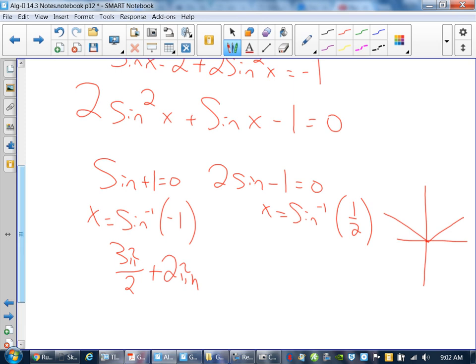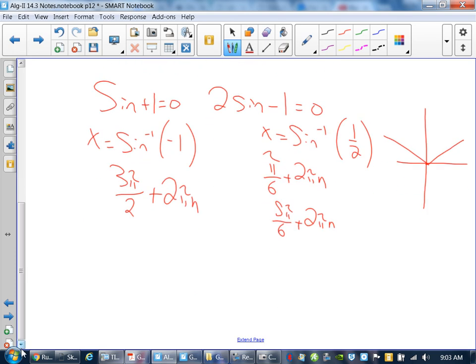So they don't have a standard distance between the 2 points. Since that occurs, I have to write plus 2 pi n for both solutions. And that's how I would write this in terms of a general solution.